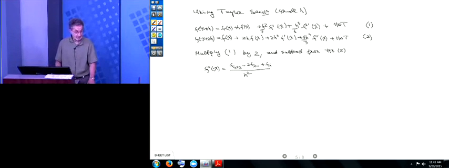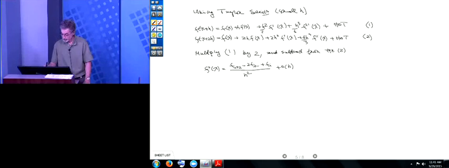So this is a one-sided derivative for the second derivative approximation of order h.